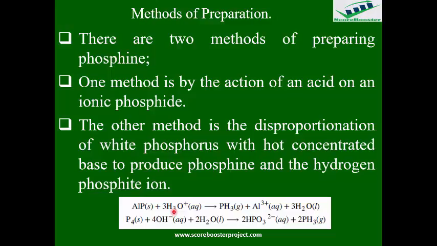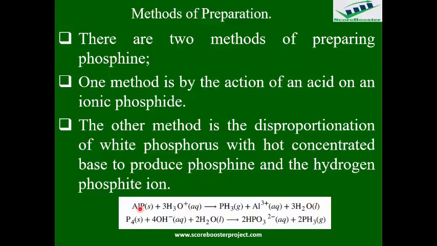When you now have this in a dilute acid, there's going to be production of phosphine. This first method is what is represented here in this equation. Somebody will ask me, how do we get aluminium phosphide? Aluminium phosphide is gotten from phosphorus and aluminium directly combined together.